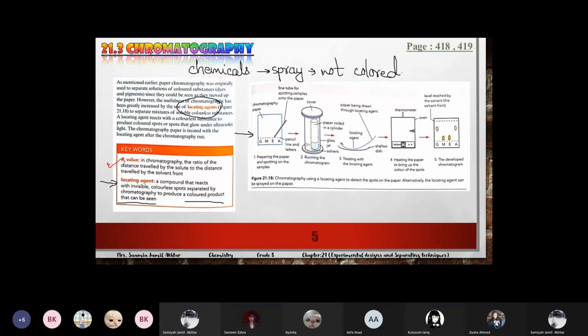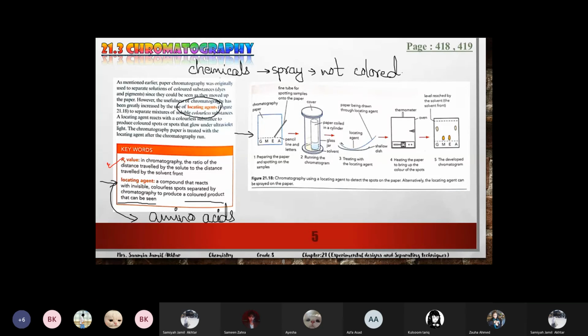Mostly these locating agents are used for amino acids. What are amino acids? They are present in proteins, or they are forms of proteins. Inside the proteins there are different types of amino acids.